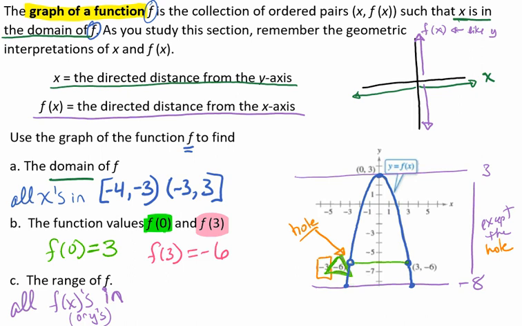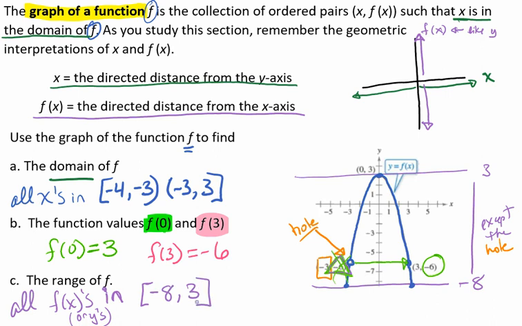But if we come over here, that -6 has a place. So even though the x might not exist at that hole, the y does. So we won't be writing down the -6 or any hole. We'll simply have the closed interval from -8 to +3.